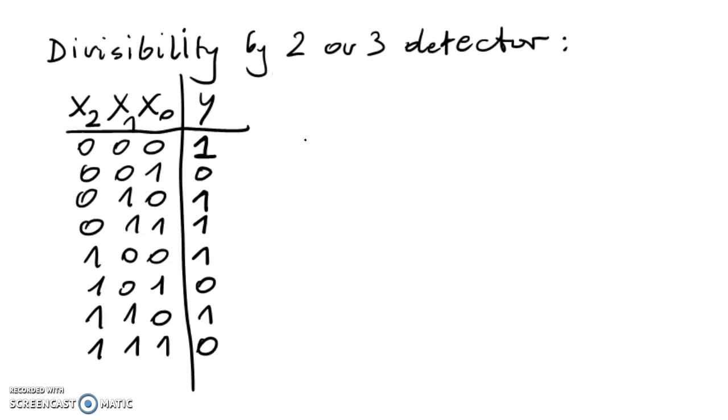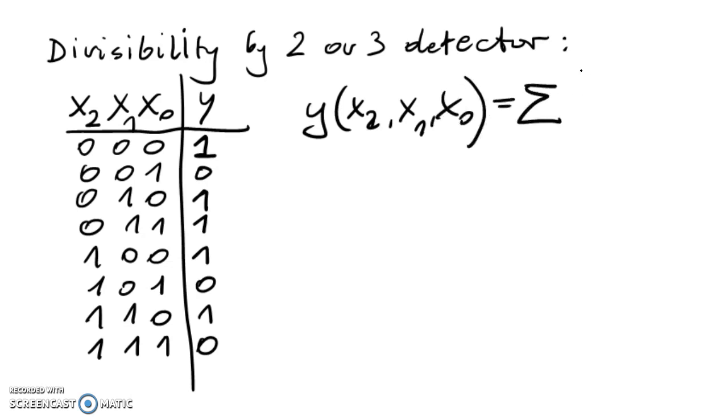So I can write down Y of x2, x1, x0, where x2, x1, x0 is the input number, as a sum of minterms.